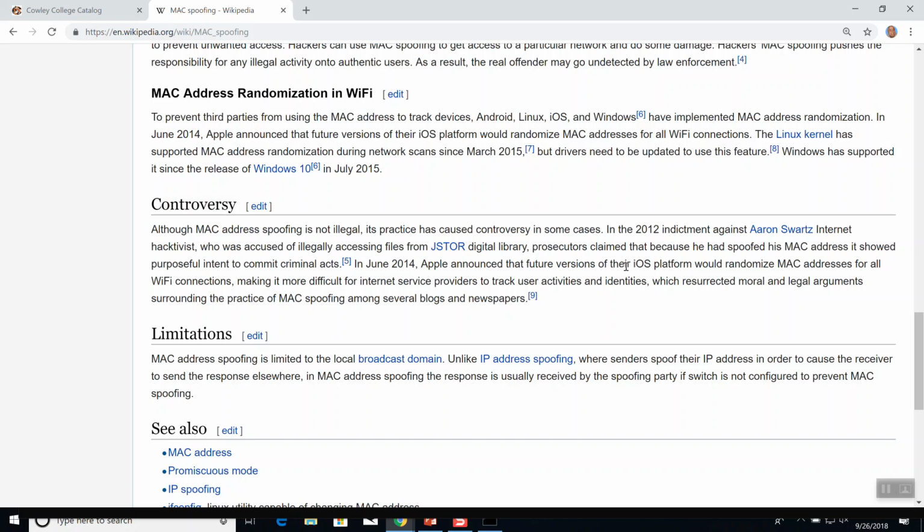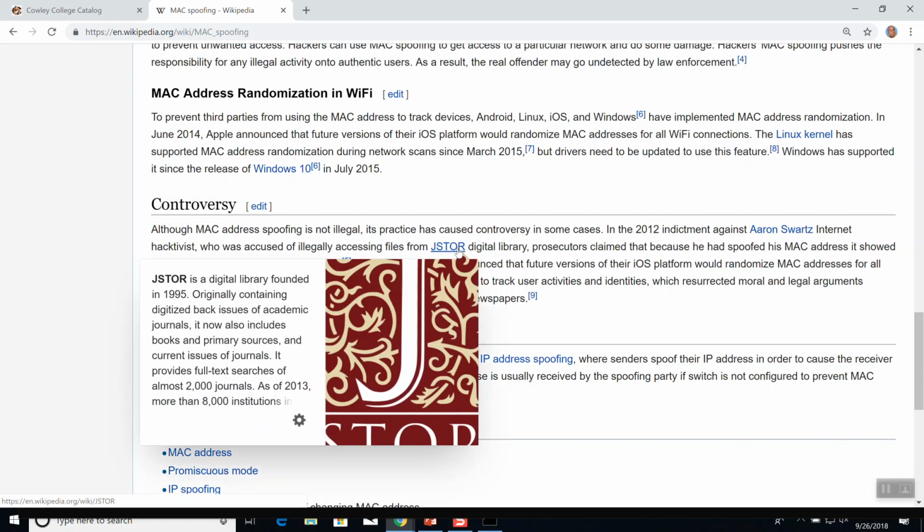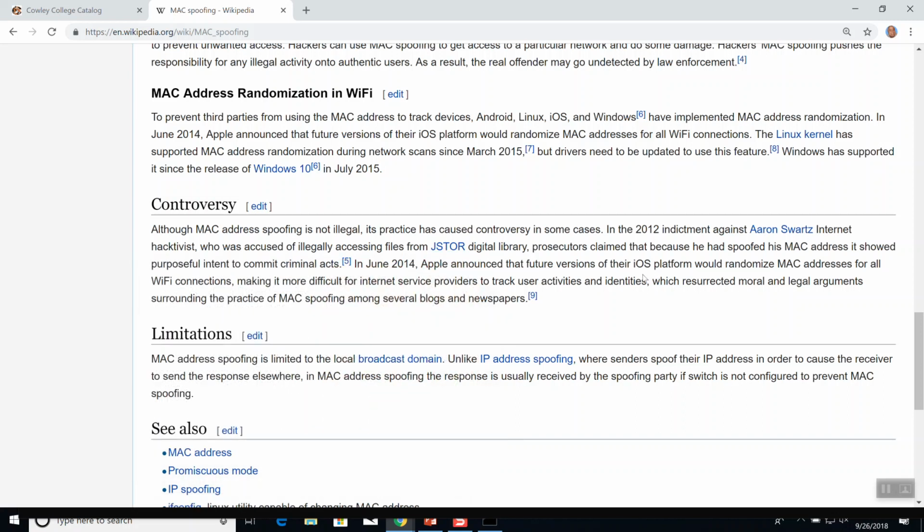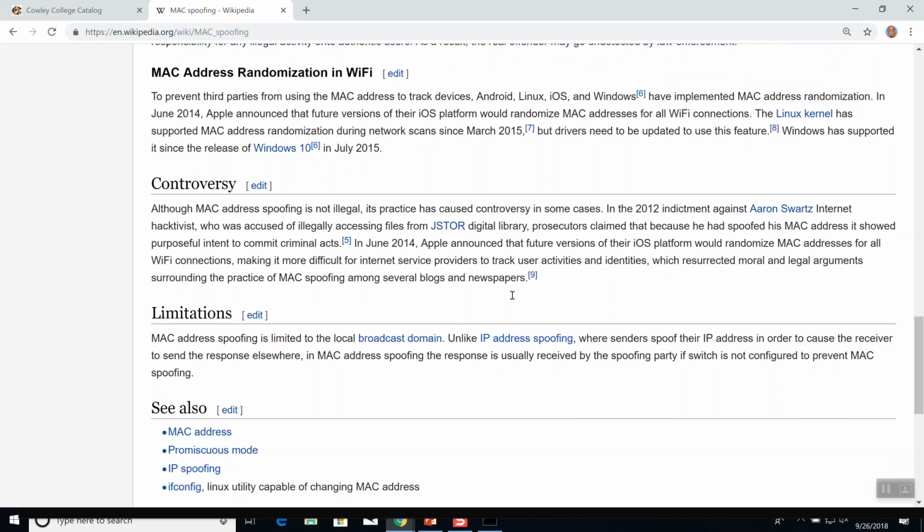So if he hadn't done it and he had illegally accessed the digital library, he would have been fine then, right? That's what it implies. It's like, well, I didn't know I shouldn't do that. Is it easier to do on a Mac? Yeah. Interesting.